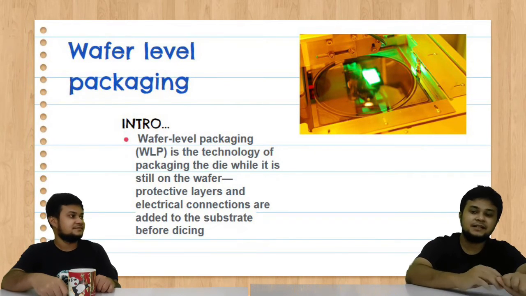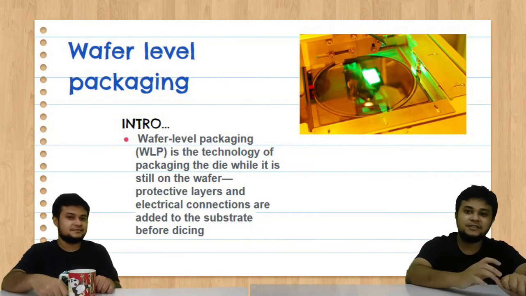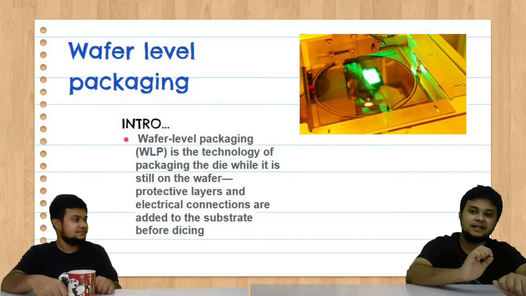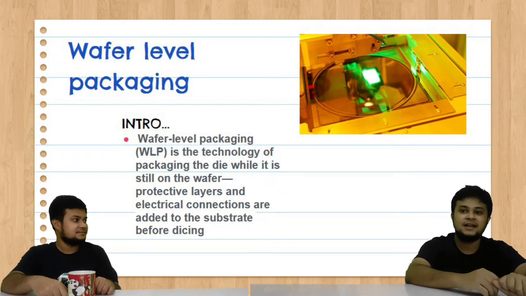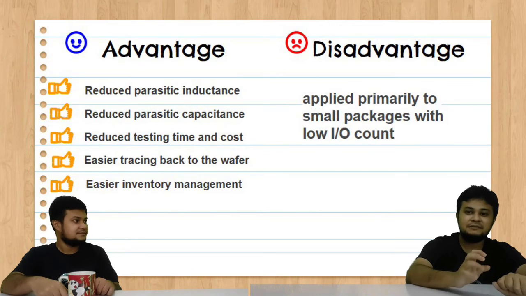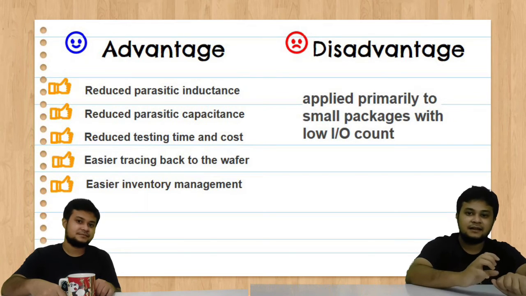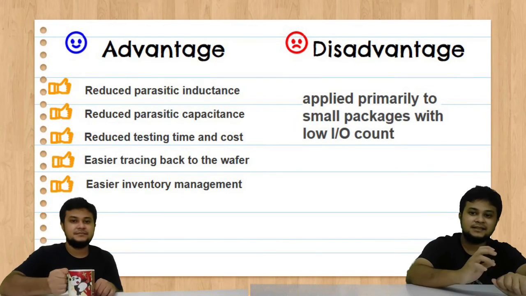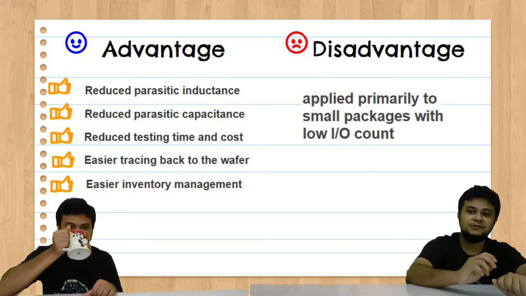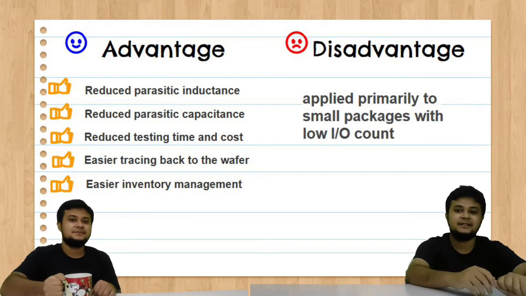Wafer level packaging, WLP, is the technology of packaging the die while it is still on the wafer. The advantages are reduced parasitic inductance, reduced parasitic capacitance, and reduced testing time and cost. The cost and time involved in electrical testing is lower, as these packages are basically built with DFT in mind.